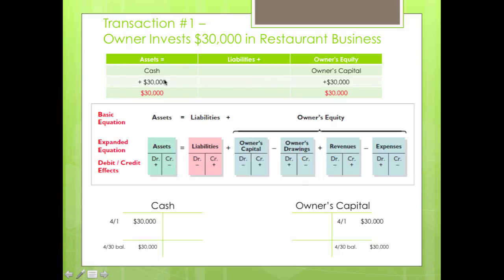And when you asked those questions, you determined that the cash account and the owner's equity account were affected. So you recorded this transaction by increasing the cash account and the owner's equity account by $30,000. And then you determined the balance on each account and you called it a day, which is shown here in red, 30,000. You saw that the equation was balanced and you were done.